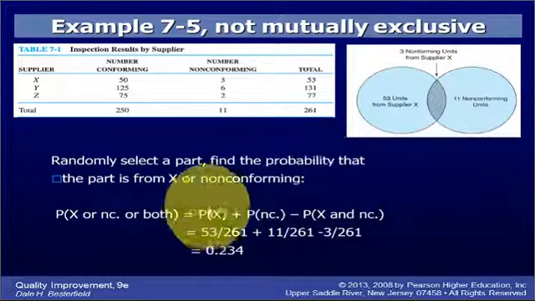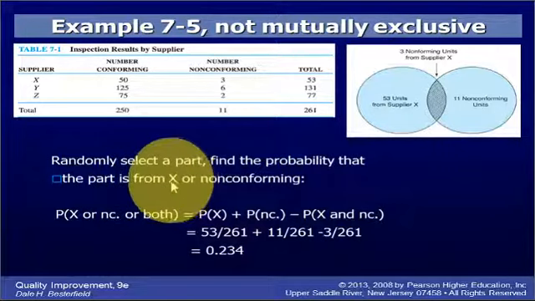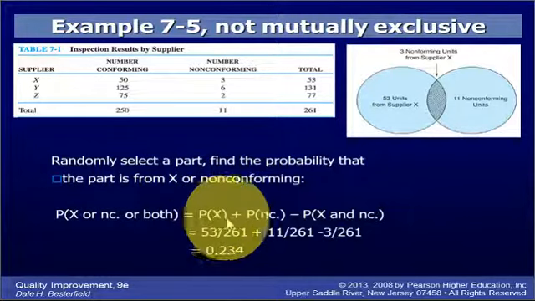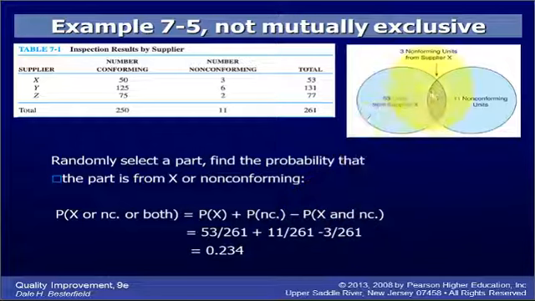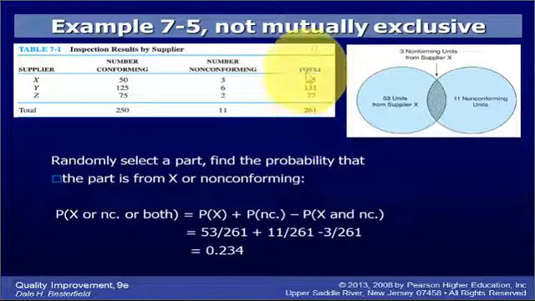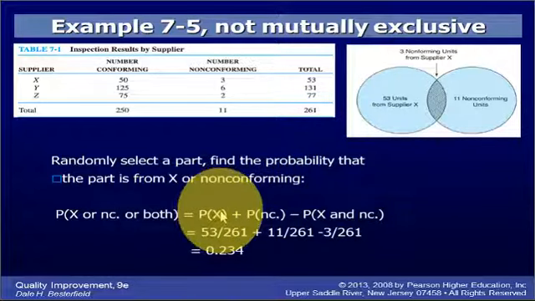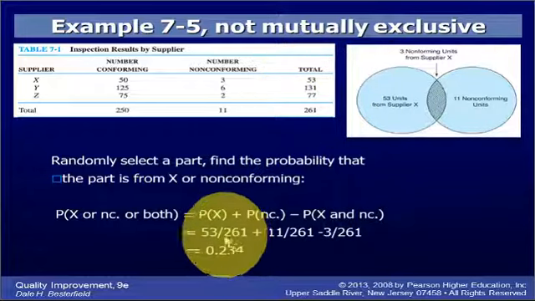Therefore, if I wanted to compute the probability of either this one happening, or this happening, or both of them happening, then you should use P(X) plus the probability of non-conforming parts, and then minus the probability of non-conforming parts from X. The P(X), as we discussed before, is 53, the number of outcomes that make event X true, divided by the size of our sample space, 261.